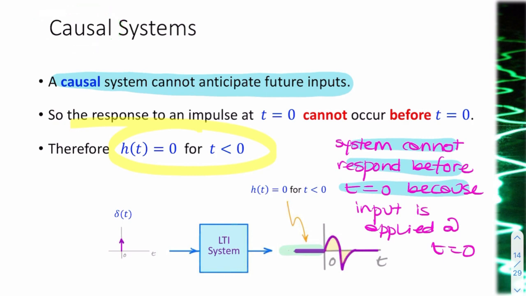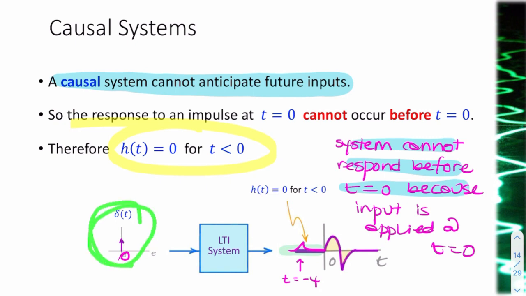If the system were to respond at, for example, t equals -4, even though the input is applied at t equals 0, then it would be a non-causal system. It means the output is happening before the input.